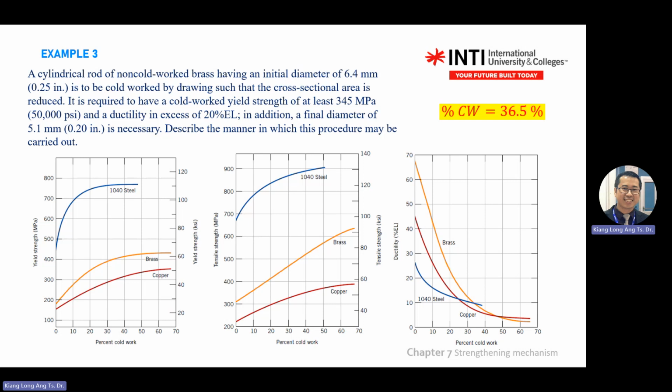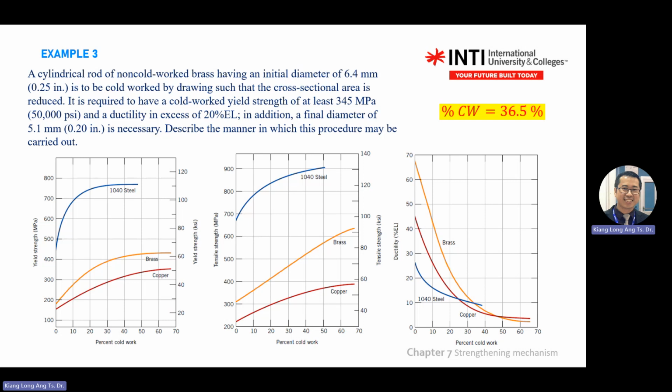Then the ductility at 36%, brass is about here, less than 10%. The customer wants 20%. So you fail at this stage. So you need to prepare a solution so that you give ductility in excess of 20%, which is here.